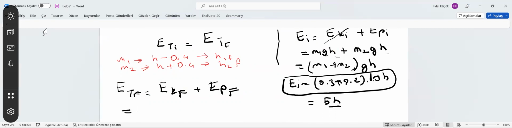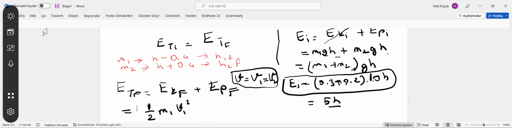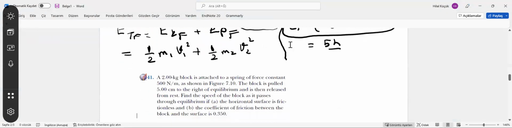I can start with kinetic energy: one half m1 v1 squared. Be careful, v1 equals v2, and you can call it v. Plus one half m2 v squared.